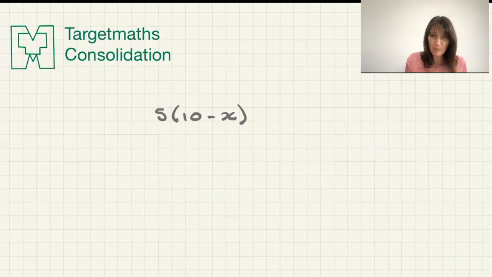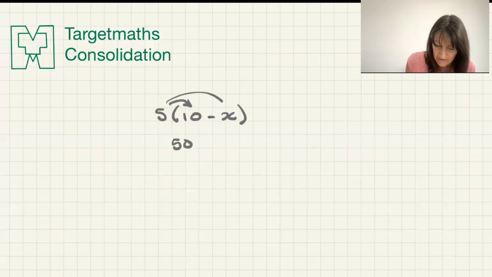But this is where it's really important that you remember you're learning a method, not I recognize that question so I can answer it, and I don't recognize that one so I can't. It's got to be, I don't care what you give me, I know how to expand brackets. So 5 times 10 is 50. And 5 times minus x is going to be minus 5x.